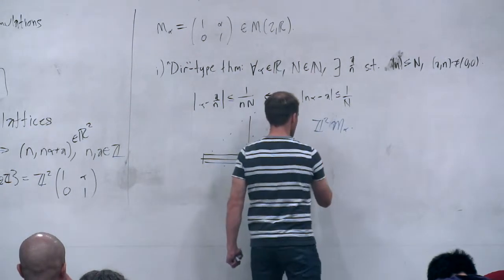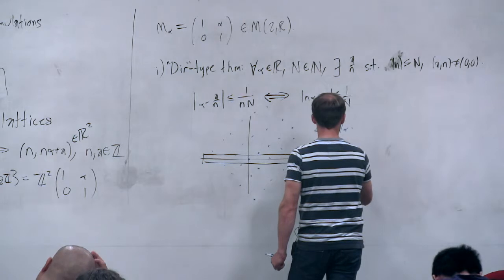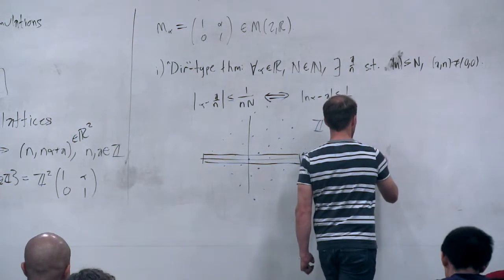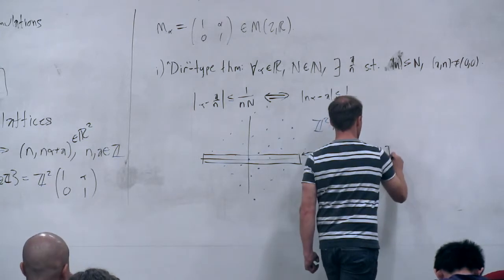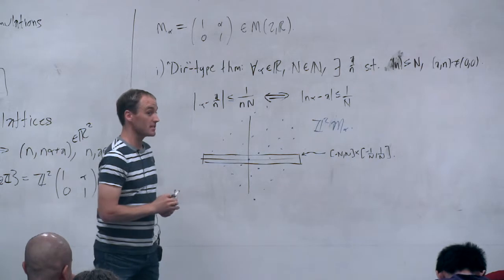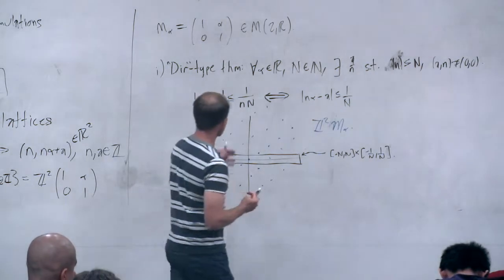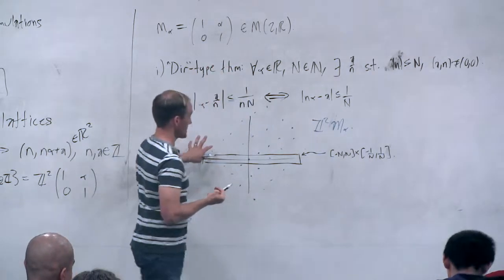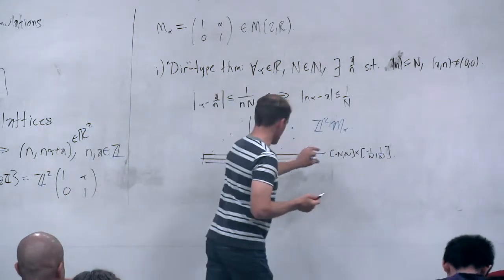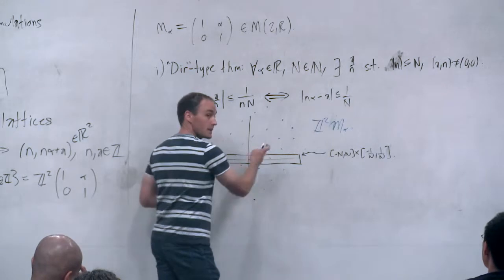This rectangular box is the box minus N to N cross minus 1 over N to 1 over N. So the statement of this theorem is equivalent to the statement that there's always a non-zero lattice point inside of this box.